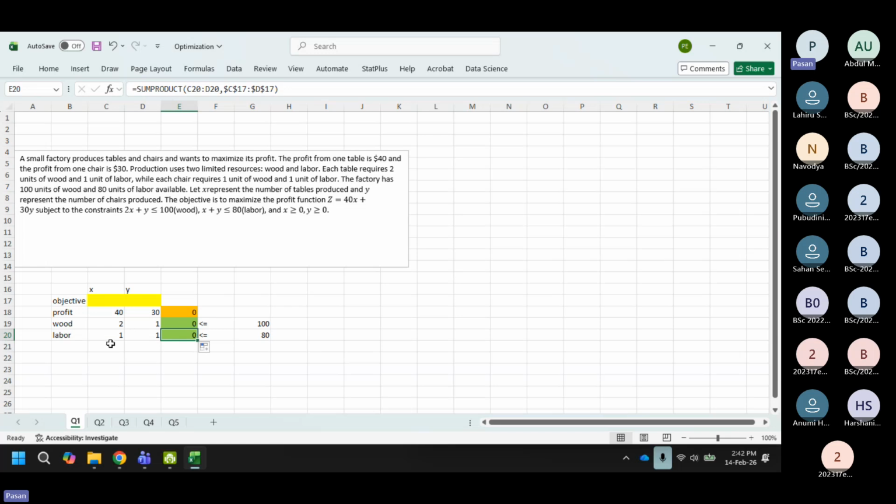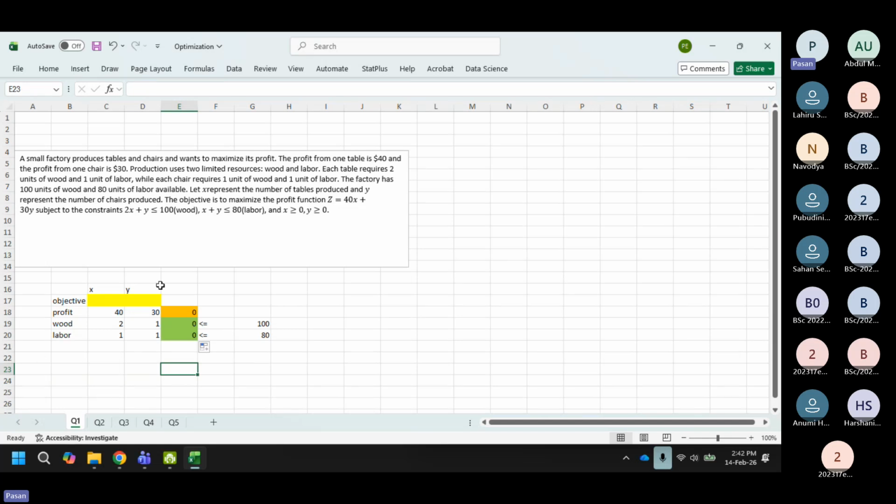And then this is 20 plus 60, it is 80, right? So both are actually being used up to the best. In practice, of course, it's not going to be that simple, but we have a nice answer here. This is a very simple example we can have.